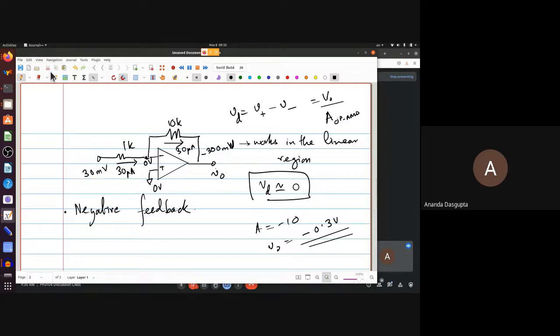But let me just point out that if you were to change the input to 3 volts and repeat the calculation, how much would the current here be if this were 3 volts? Three milliamperes. So how much current here?